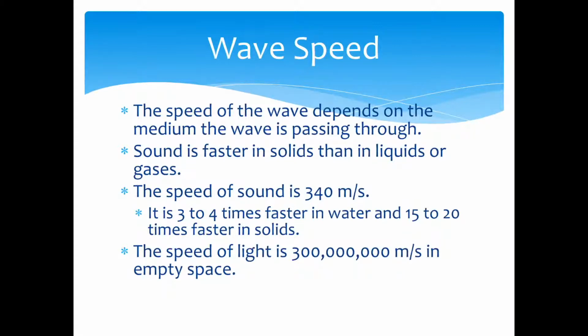The speed of sound is 340 meters per second, and it's 3 to 4 times faster than that in water, and 15 to 20 times faster than that in a solid. The speed of light is 300 million meters per second in empty space. And in our electromagnetic wave lesson, we will talk about what happens to that as it goes through water and gas and a solid.